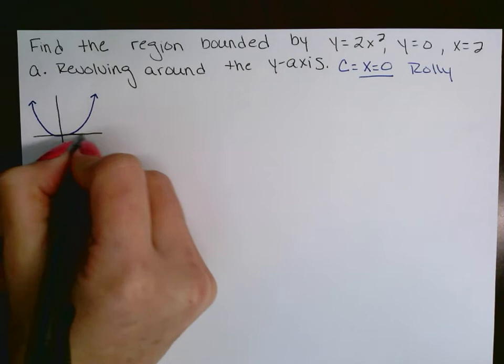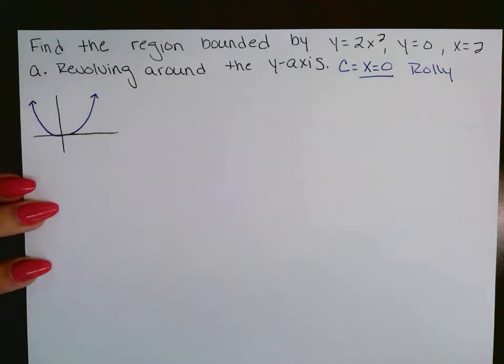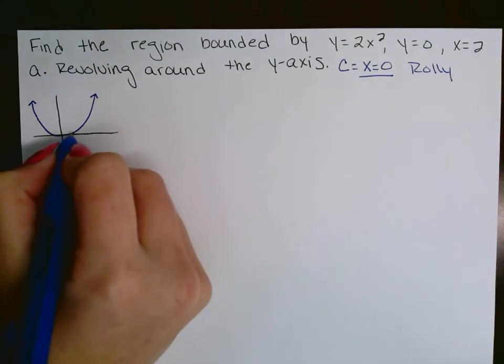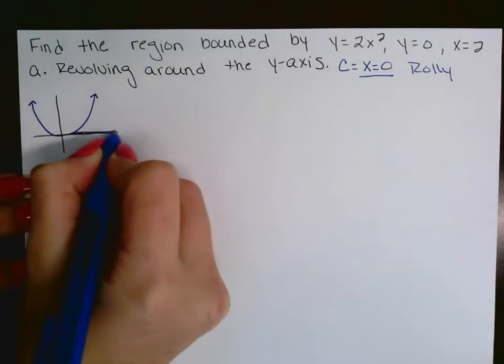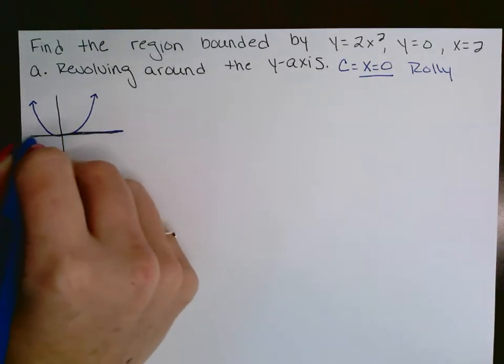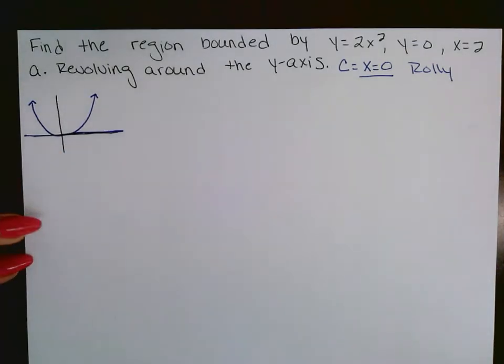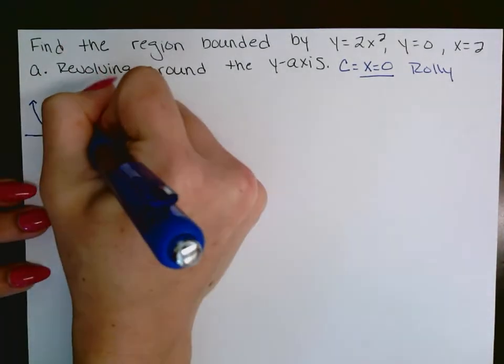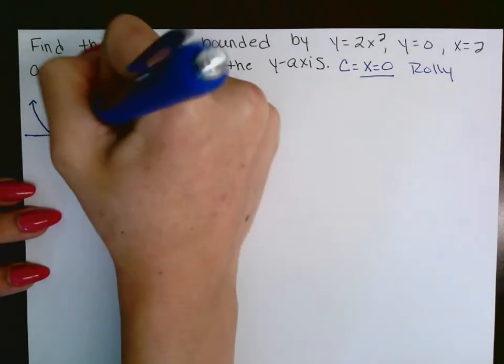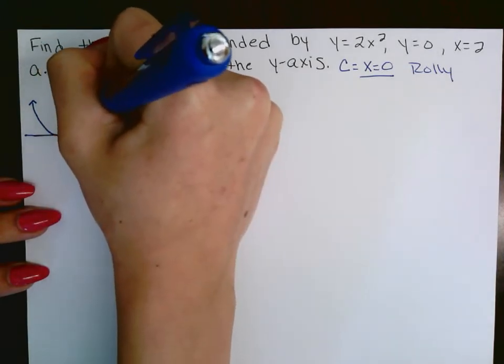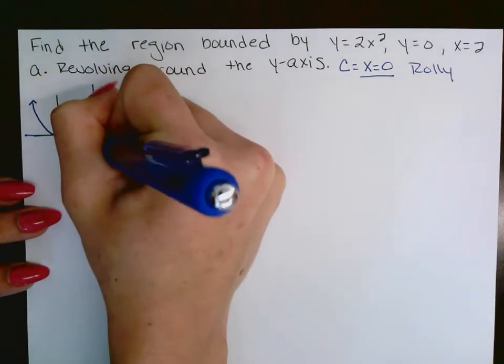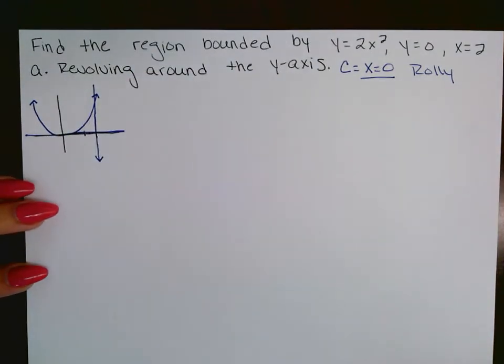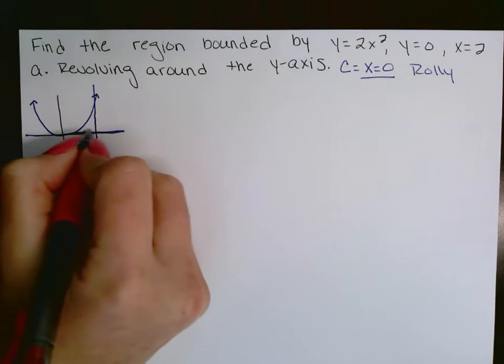And then the next one they say they're going to close this off with is y equals 0, which is the x-axis, right? Y equals 0 is like this. And then also with x equals 2. So it's a vertical line like this, okay? So the enclosed area just ends up being this portion in the first quadrant.